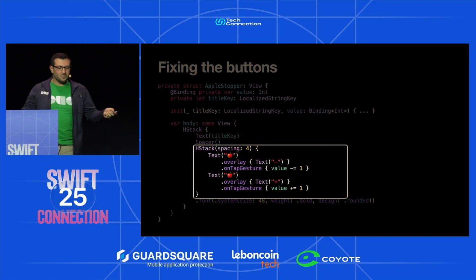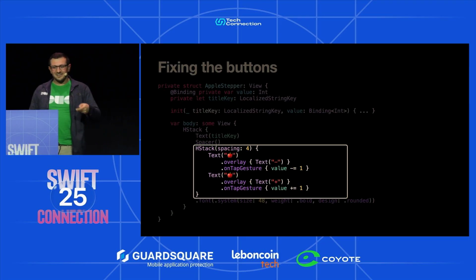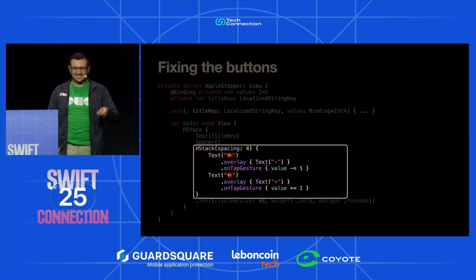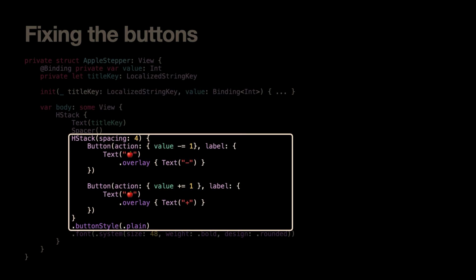Okay, so you might be thinking we could make those buttons then. And you are right. We absolutely can. So, yeah, let's make those buttons. And now they're buttons. Now you've got buttons that contain those text elements, and you don't need the tap gesture recognizer. And that's nice.